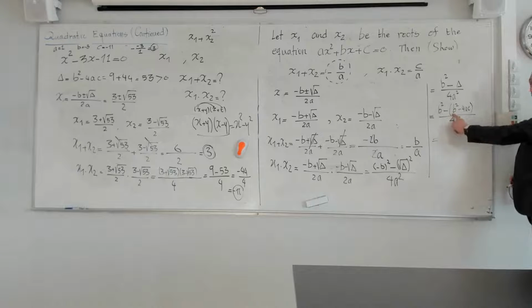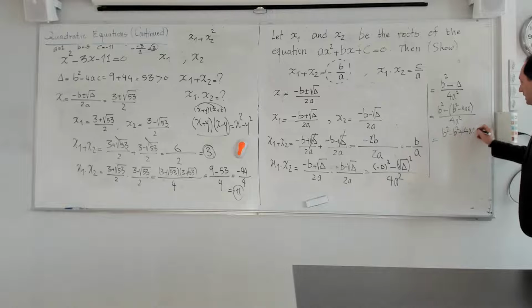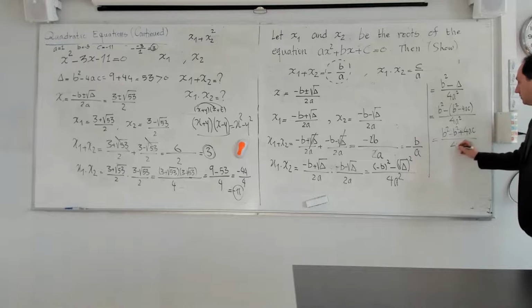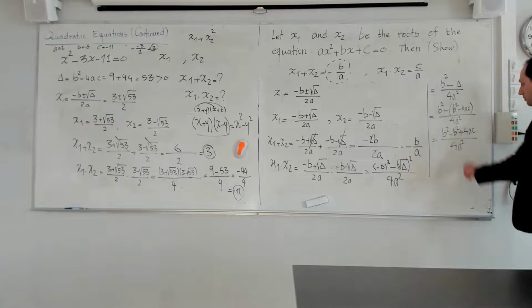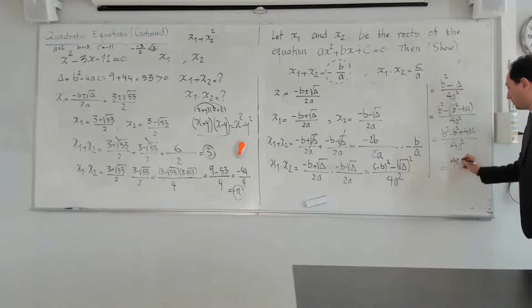This is not only for the first one, but it will also affect the last one. So this becomes b squared minus b squared, but positive 4ac. And then I have divided it by 4a squared. But minus b squared and b squared are canceled. So what is left for me is 4ac in the numerator and 4a squared in the denominator.